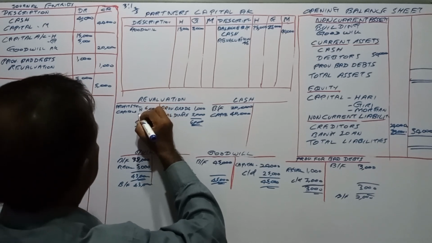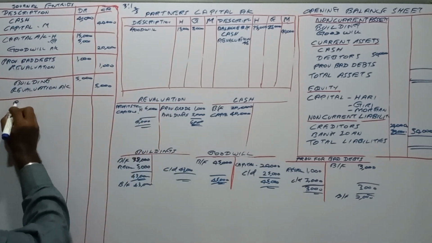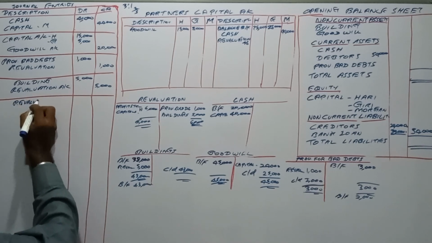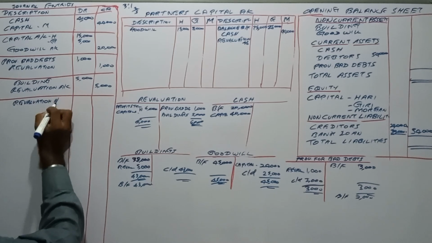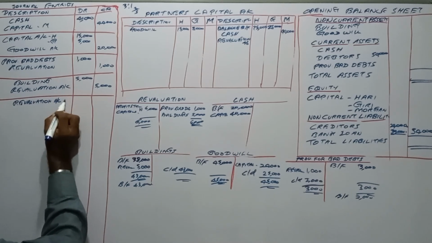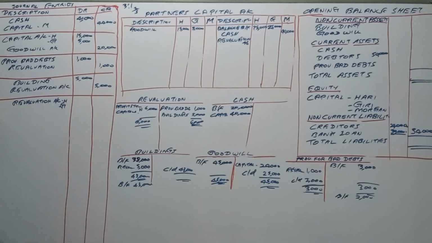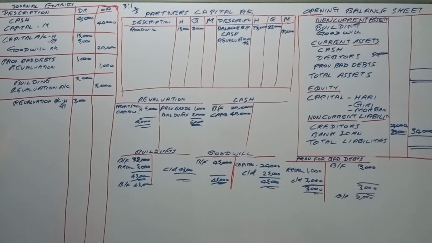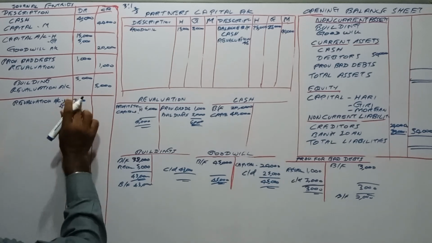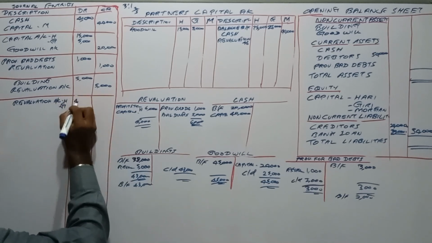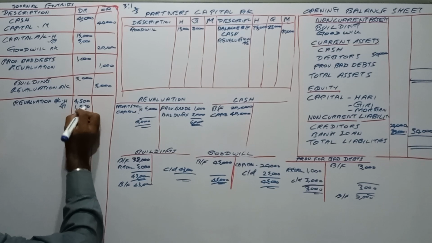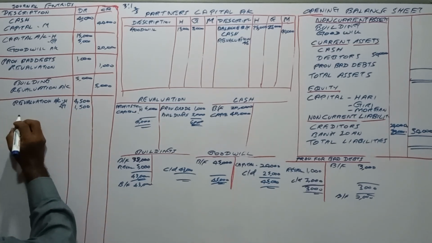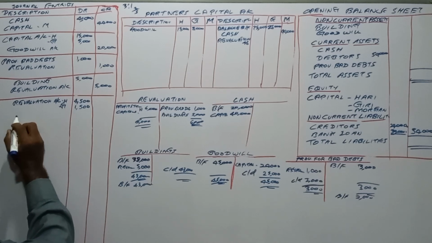Revaluation account debit, Harry and Giri, 3 is to 1: 4,500 and 1,500.